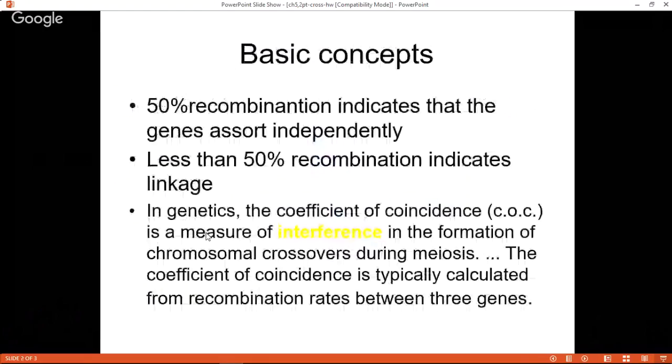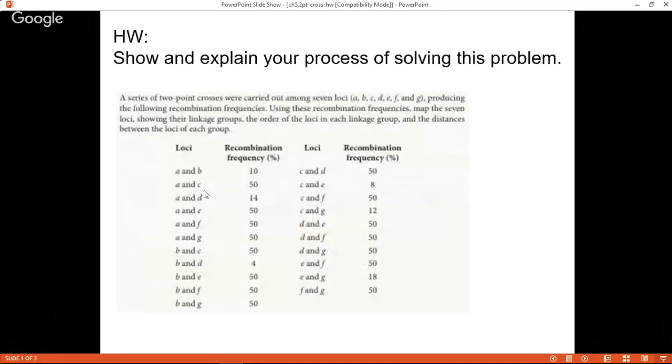Let me make sure that's right. Yes, linkage of D to A is 14.